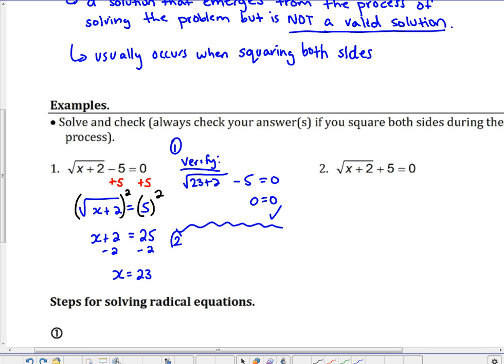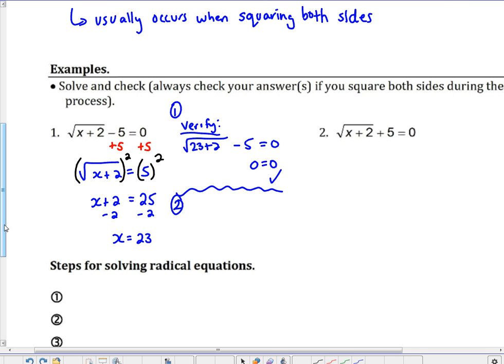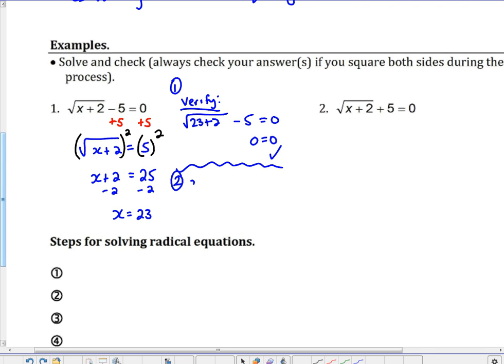The other way we can verify is to check our restriction. The restriction on the variable, and this is really important to know either way, is that x plus 2 has to be greater than or equal to 0. Remember how we talked about earlier how the radicand has to be positive? You can't take the square root of a negative.